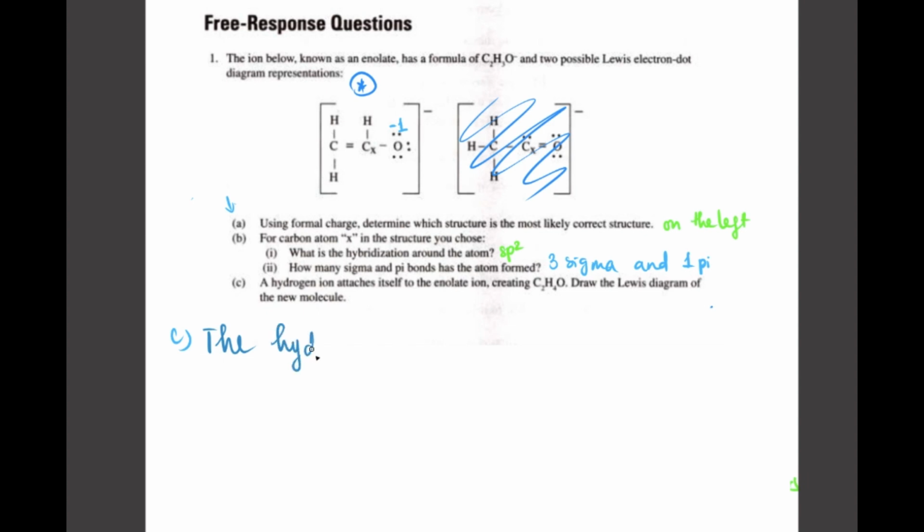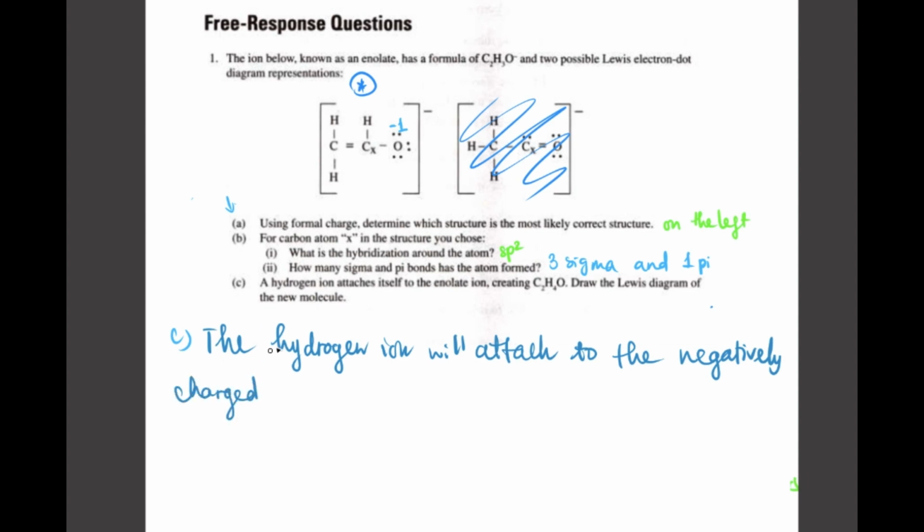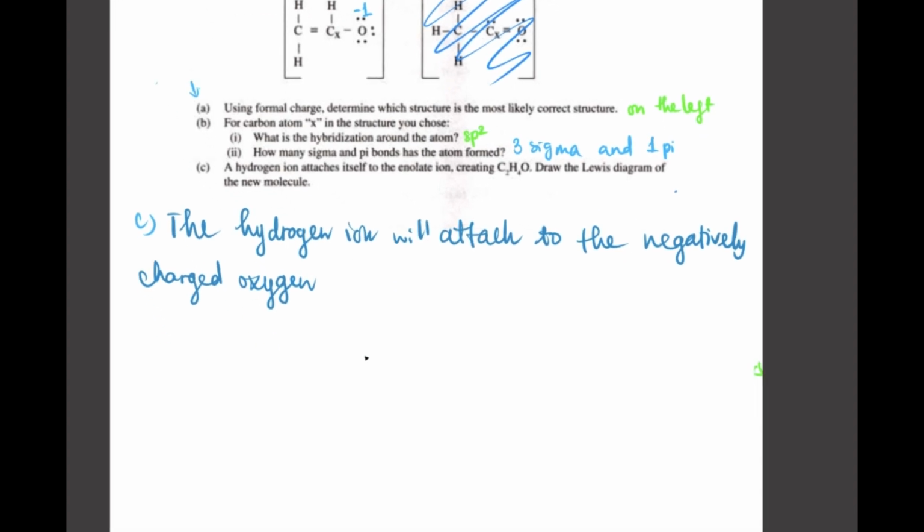The hydrogen ion will attach to the negatively charged oxygen. And now we're going to draw the Lewis diagram of it.